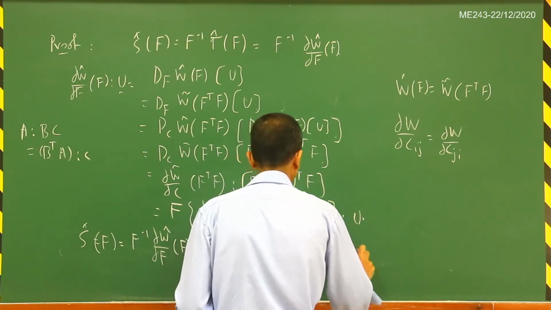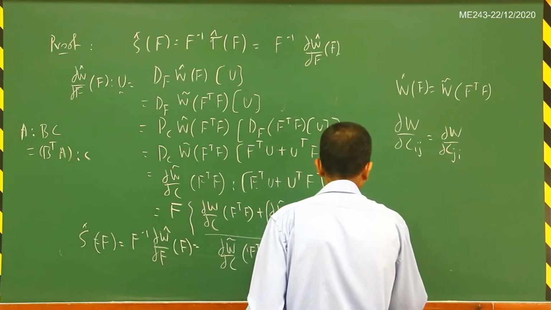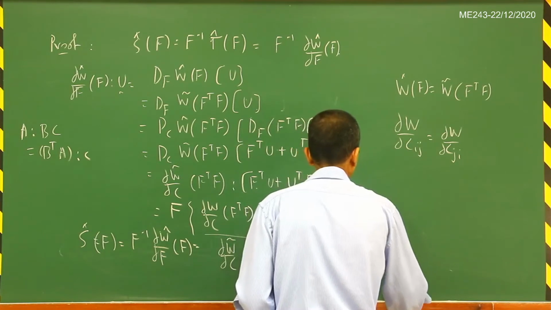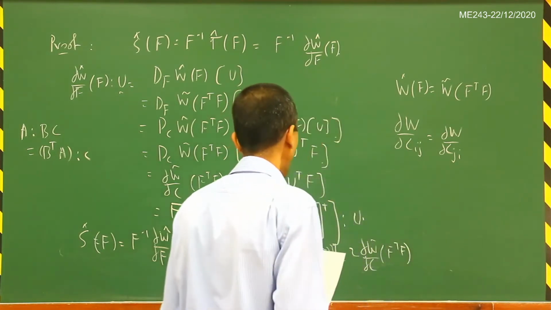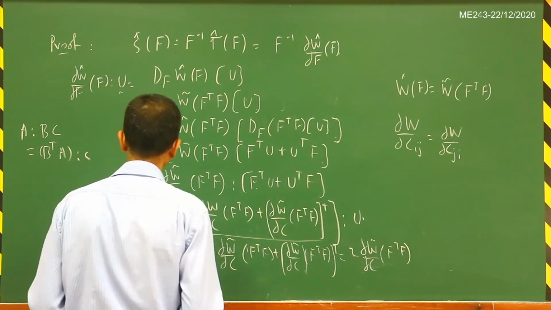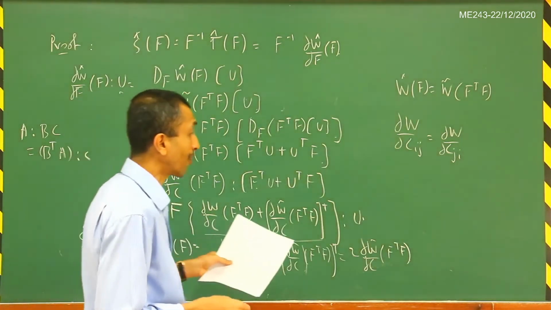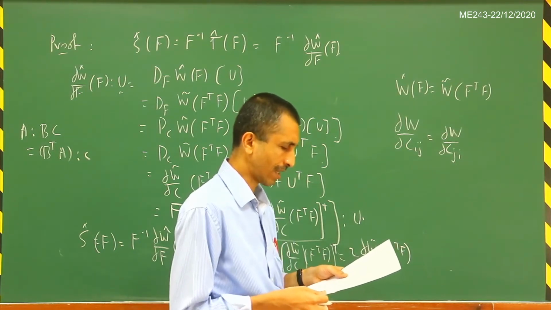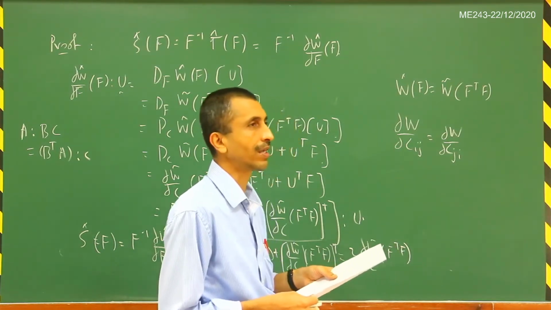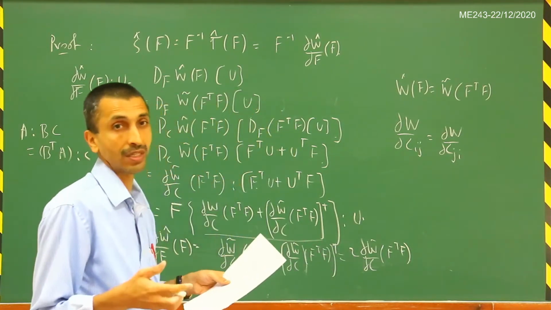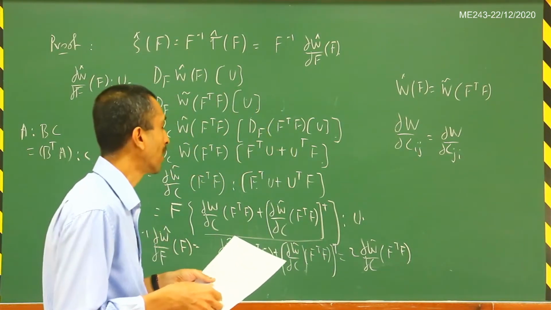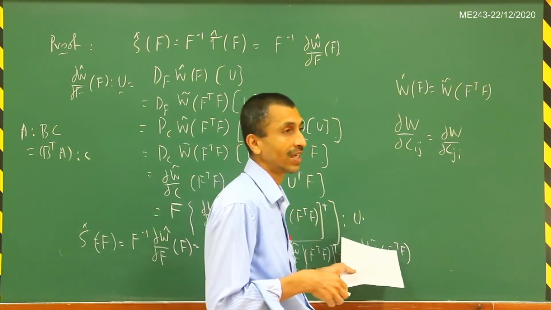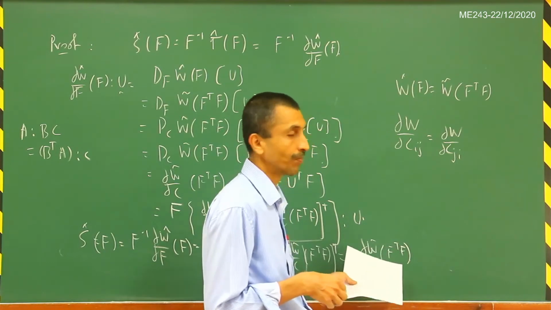And this is equal to 2 times del W tilde by del C evaluated at F transpose F. And so that completes the proof that S hat of F is a function of C. So what we have shown is that the second Piola-Kirchhoff stress is dependent on C, and that it is the gradient of the strain energy density function with respect to C, so twice.